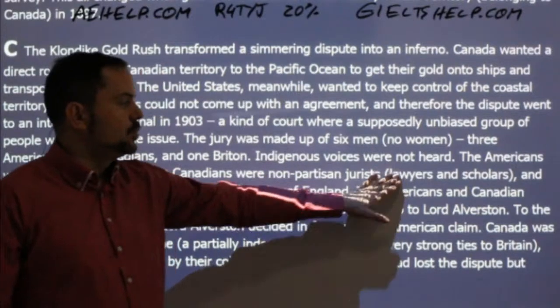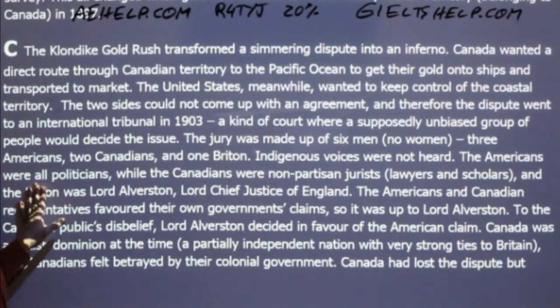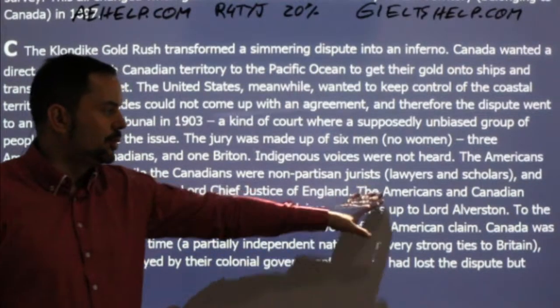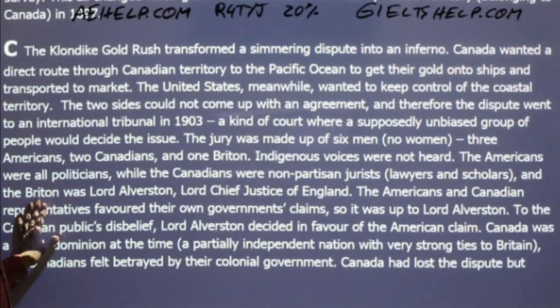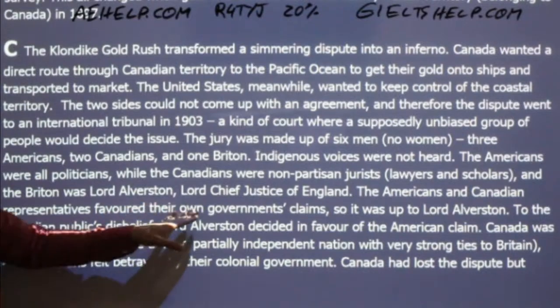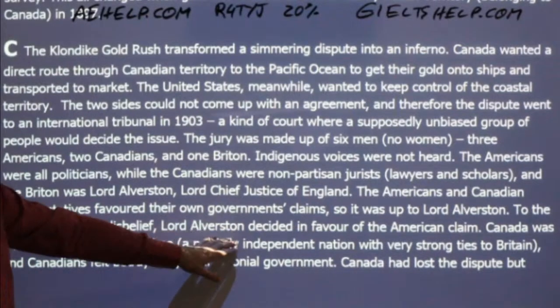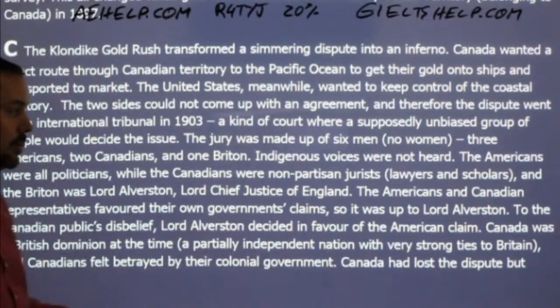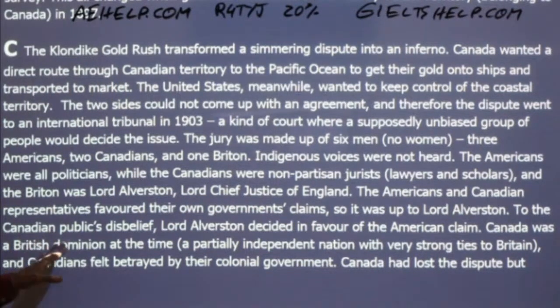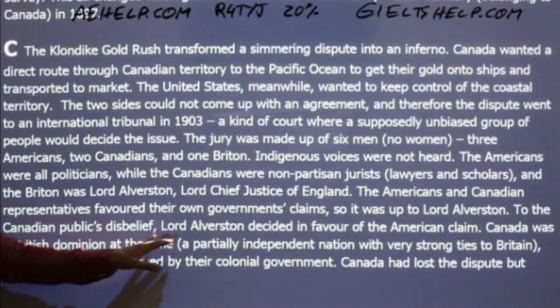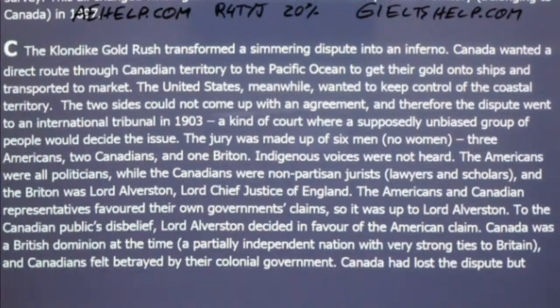Indigenous voices were not heard. The Americans were all politicians, while the Canadians were nonpartisan jurists, lawyers, and scholars, and the Briton was Lord Alverston, Lord Chief Justice of England. The Americans and Canadian representatives favored their own government's claims, so it was up to Lord Alverston. To the Canadian public's disbelief, Lord Alverston decided in favor of the American claim.